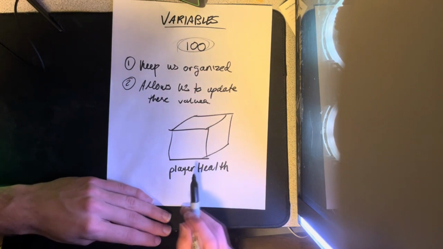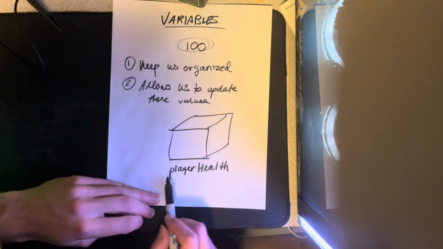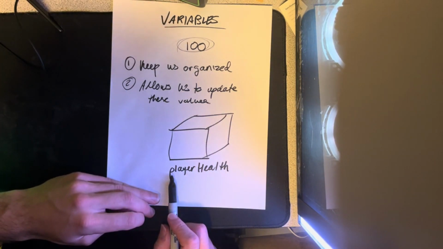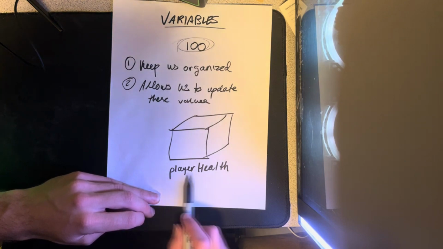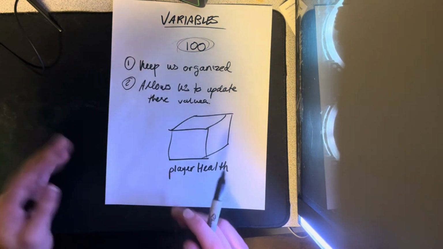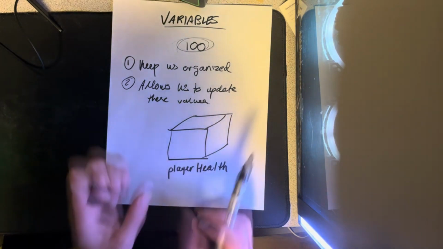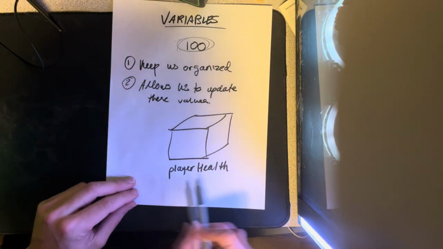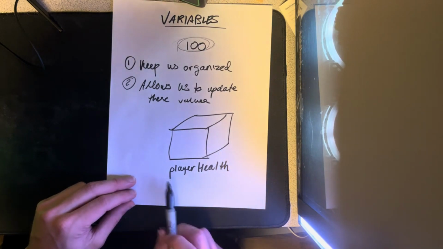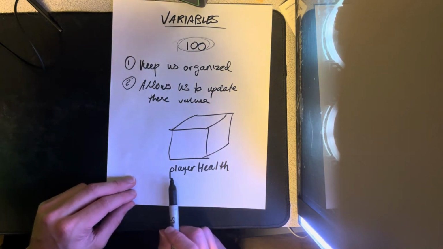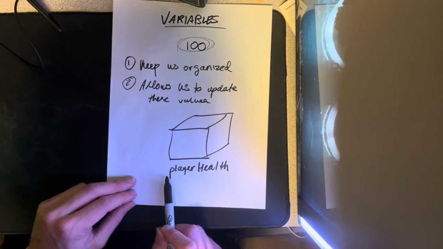Notice my variable naming convention. Every variable starts with a lowercase letter. And if you have to be more specific with your variable name, in other words, you have a long variable name with multiple words, we use camel case. So the first word of your variable is always lowercase.